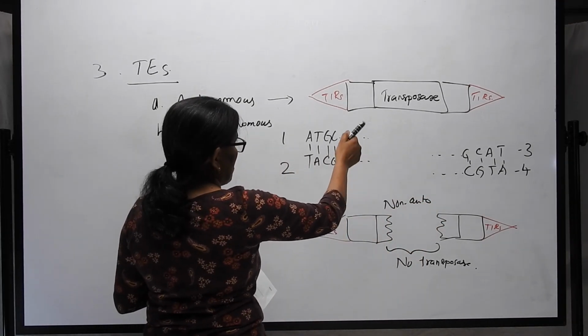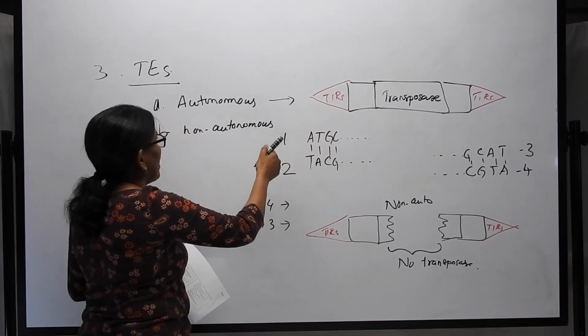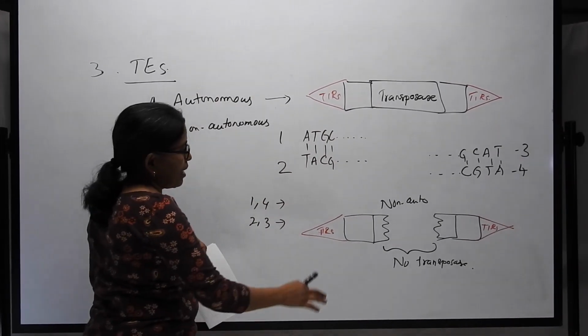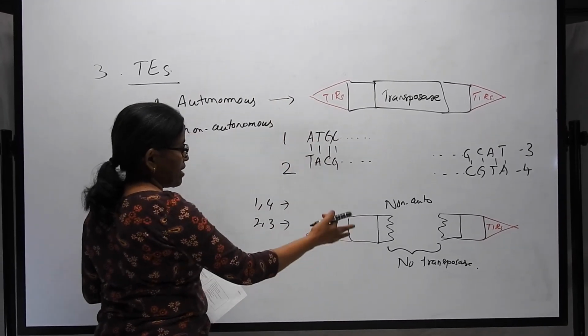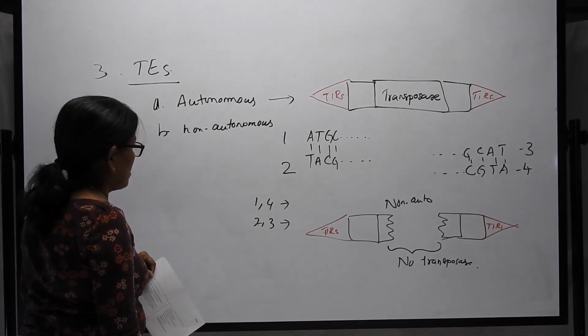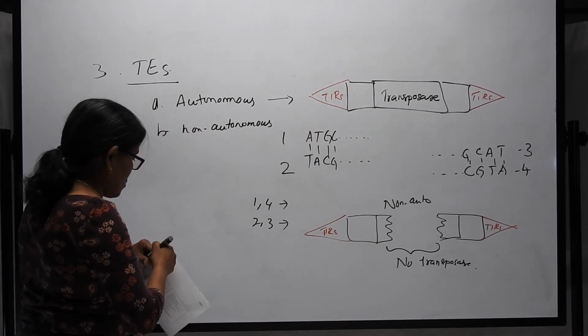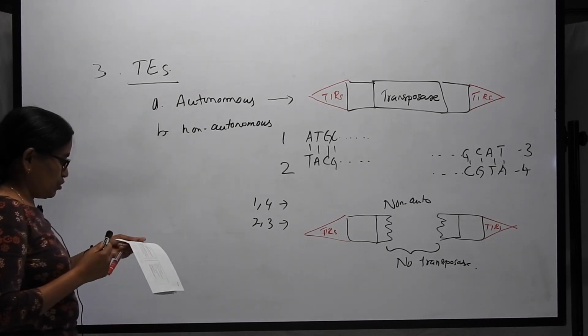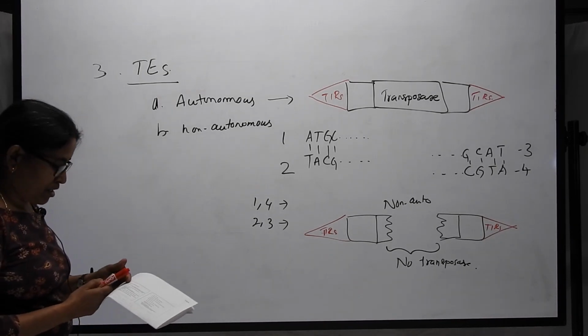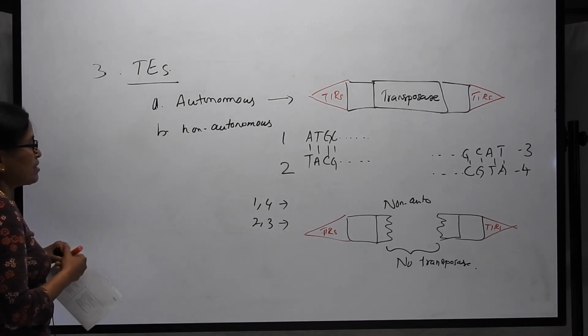The presence of a single active autonomous element helps in the movement of its own as well as the non-autonomous elements around the genome. In this experiment we are going to use maize as an experimental model because it is well studied.